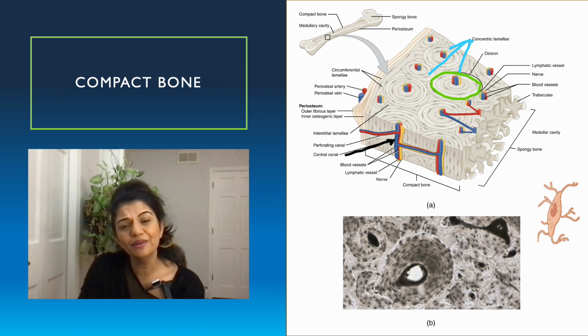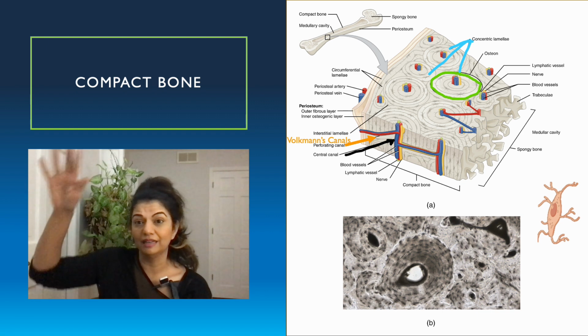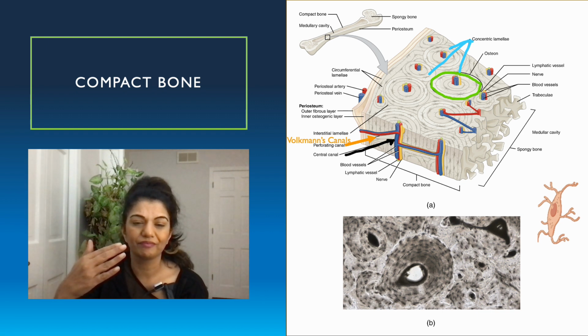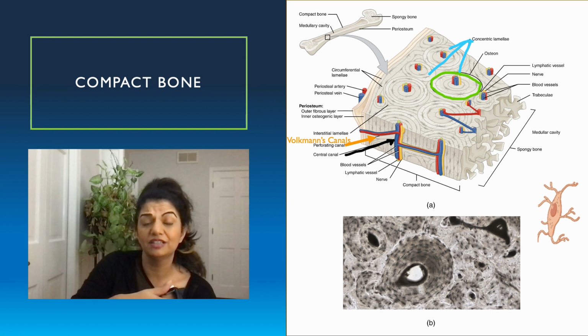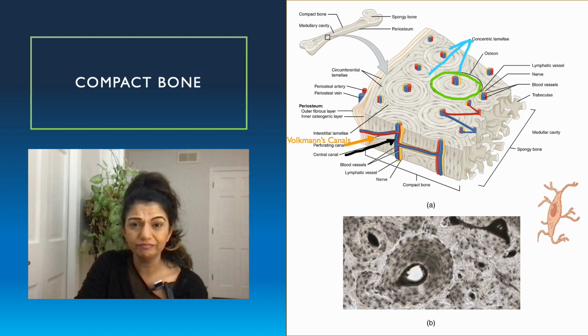They also tend to have this angling position, and they go through what we call Volkmann's canals or perforating canals. See, they sort of have this right angle. It's almost like in a subway where you have different lines. That's how it is. And so these canals enable blood vessels and lymphatic vessels to extend to the periosteum and endosteum. That's how they do it, through these Volkmann's canals.